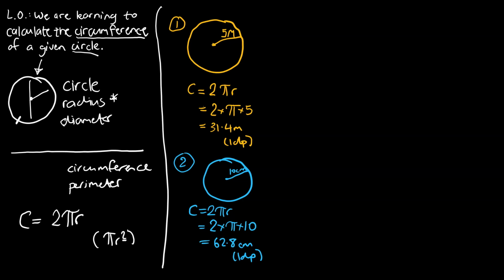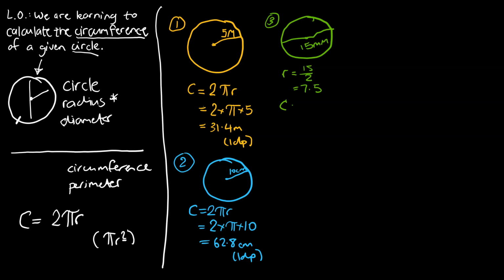Okay, let's try a slightly different question this time. So question 3. We've got our circle, but let's say this time we've been given the diameter. And we know the diameter of the circle is 15 millimeters. How would we go about calculating that? So the first thing I would be doing, to find the radius, is the diameter divided by 2. So that gets us to 7.5. And now that we've got the radius, we can put it into our circumference formula.